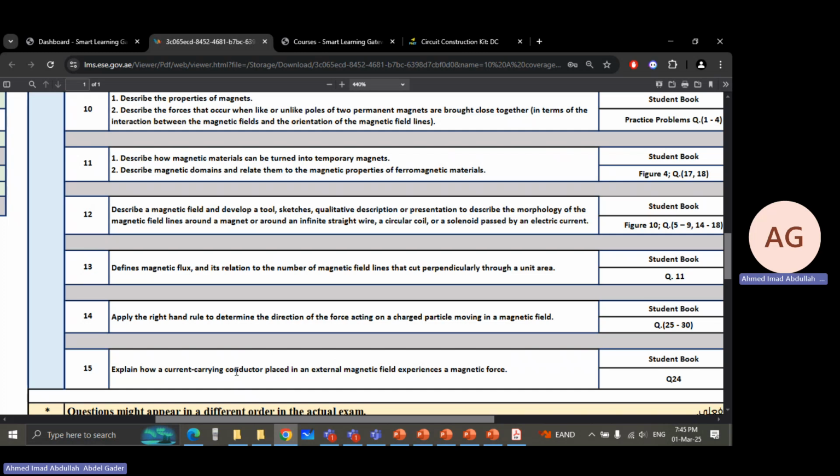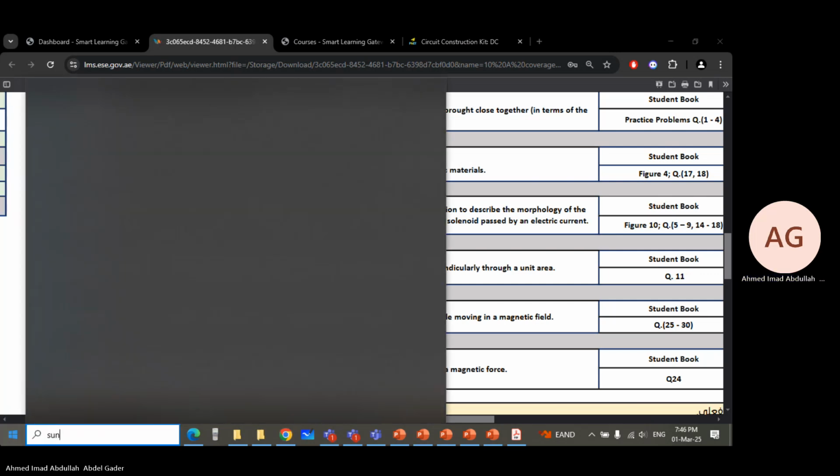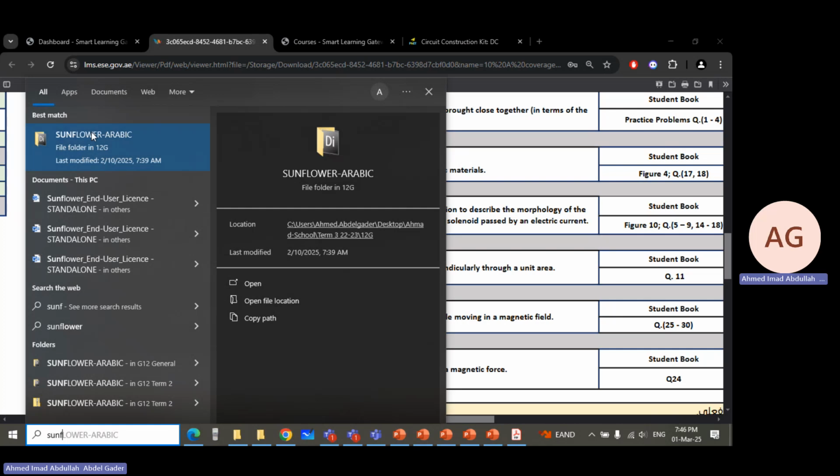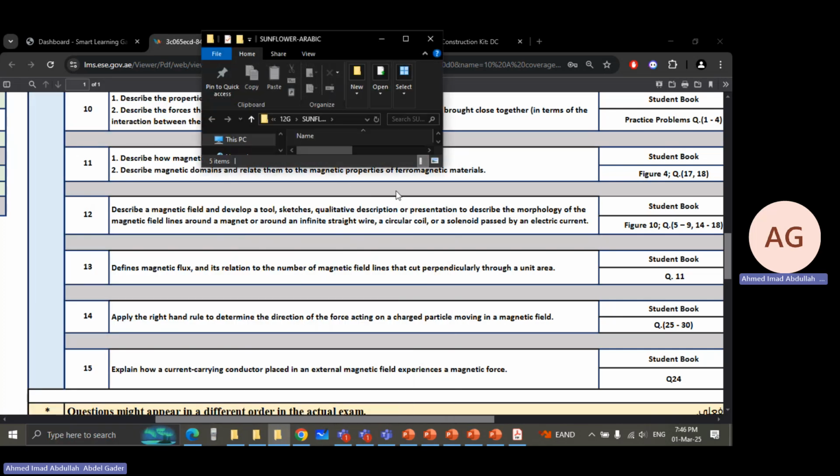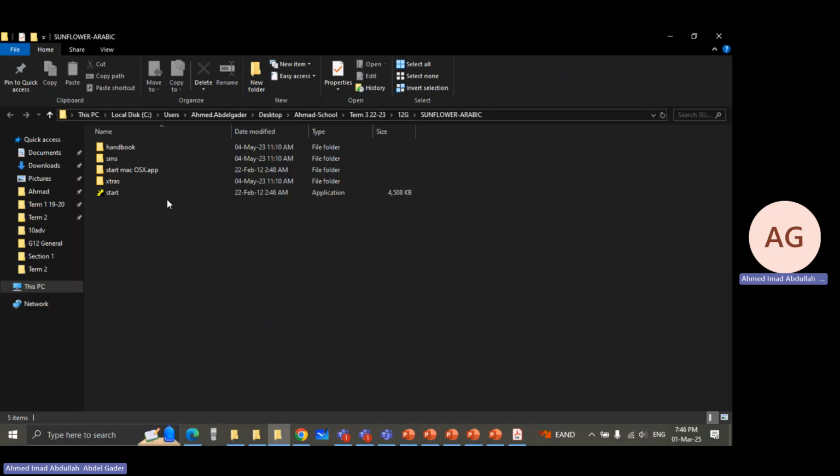Finally, explain how a current carrying conductor placed in an external magnetic field experiences a magnetic force. Now, the reason is actually, let's see this in a simulation.